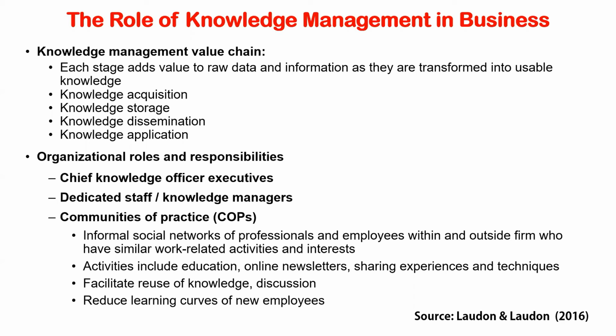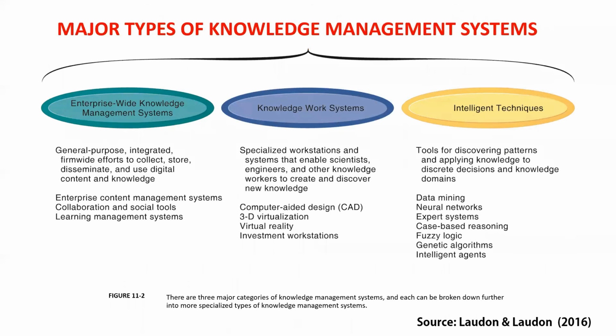And then they can facilitate reuse of knowledge, discussion, and reduce the learning curve of new employees. So community of practice has become very, very important in order to allow a lot of informal learning to happen, okay, and make the workers more competent in doing their job, for example, okay. So we also recognize the three major types of knowledge: enterprise-wide knowledge, knowledge work systems, and intelligent techniques, okay.